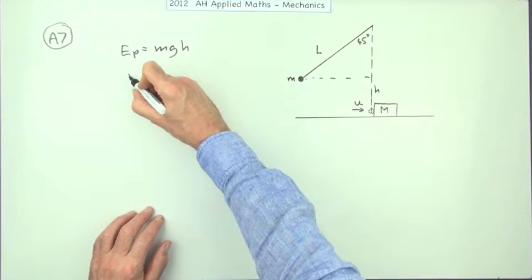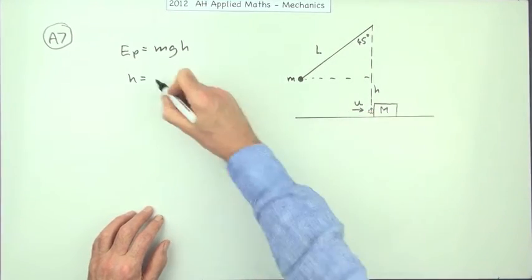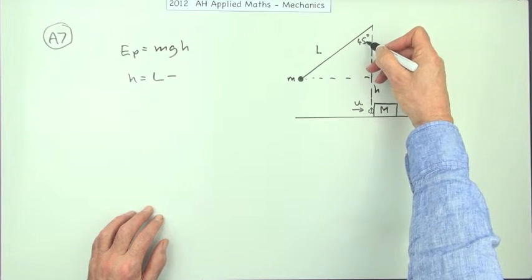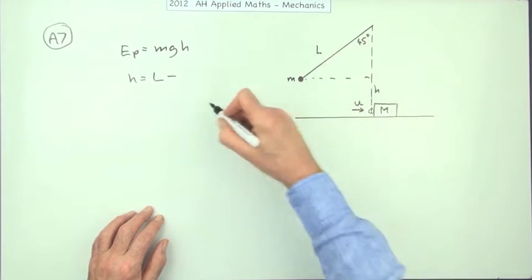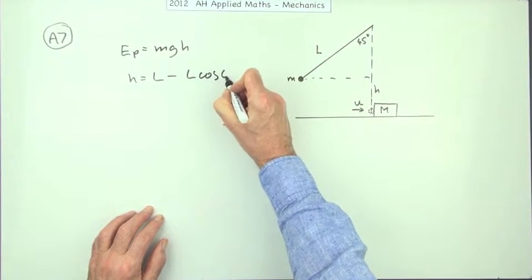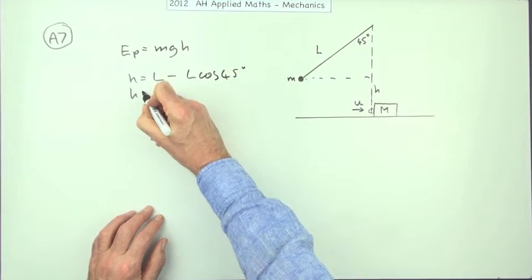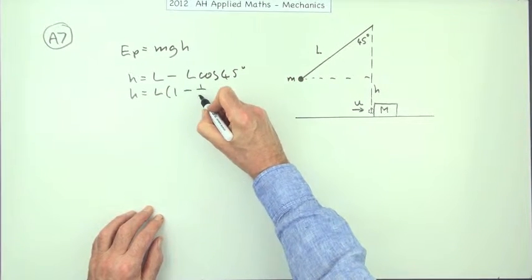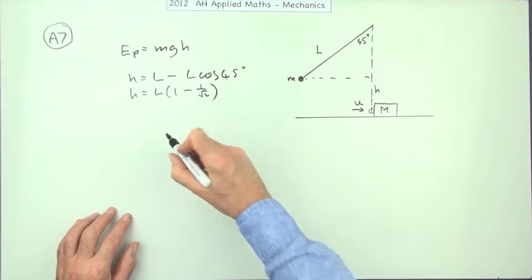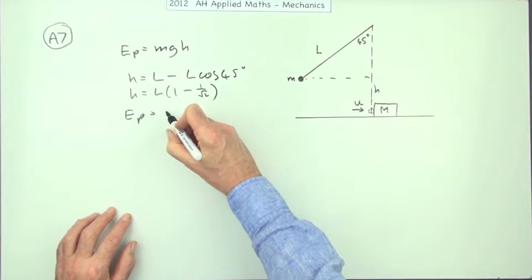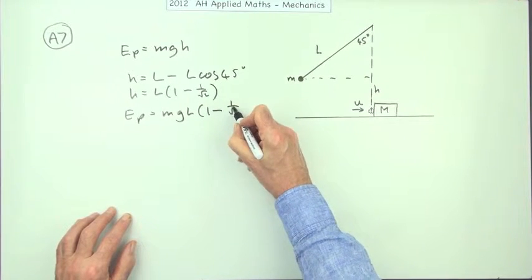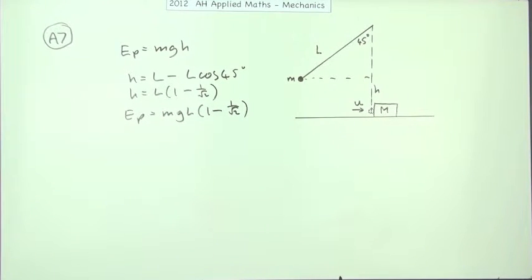That means h is the length minus this portion, which is adjacent to the 45, so L minus L cos 45. So h is L times 1 minus, and the cos of 45 is 1 upon root 2. So the potential energy was mgL times 1 minus 1 upon root 2.